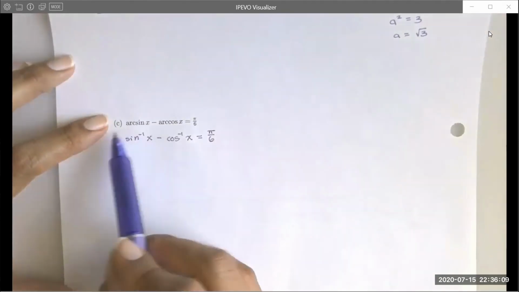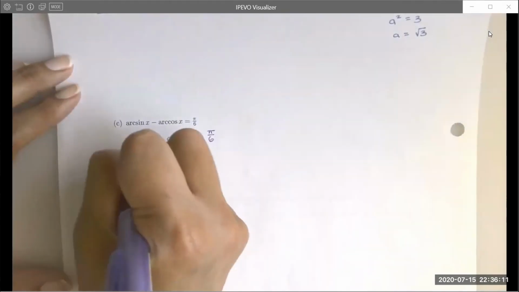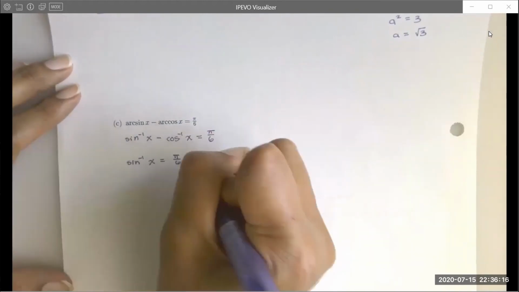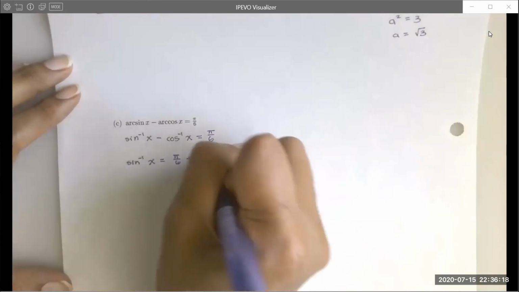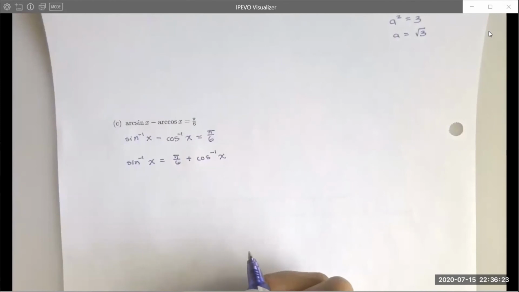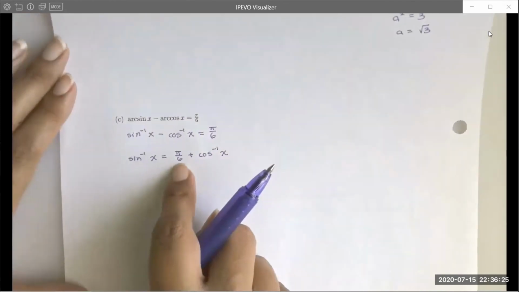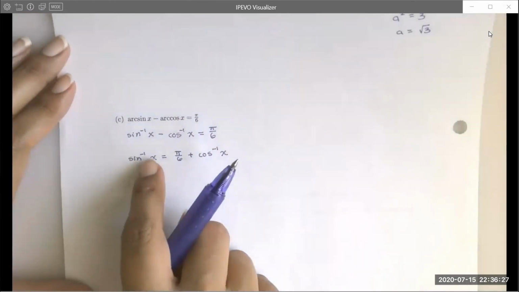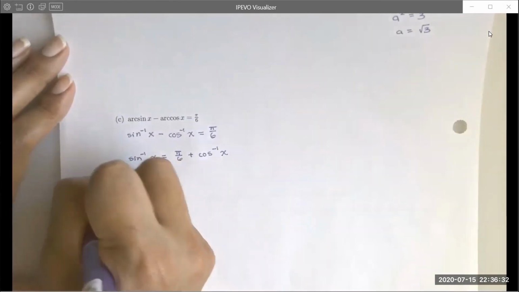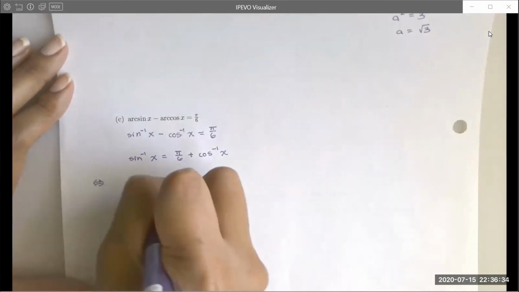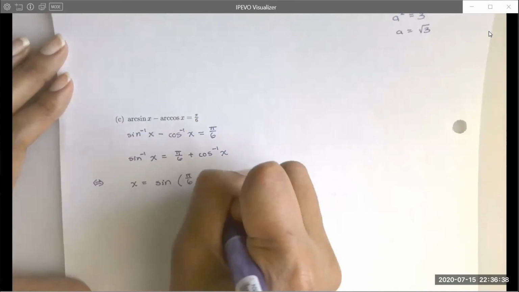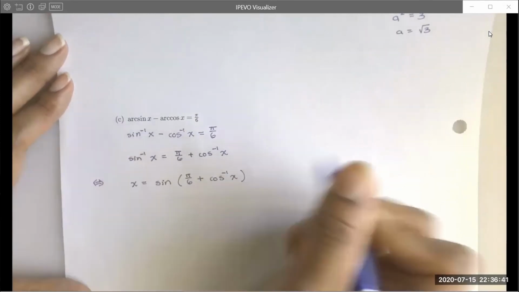I'll solve for the sine inverse of x, and that'll be pi over 6 plus cosine inverse of x. Then I'll try to solve for x by writing this as x is equal to sine of pi over 6 plus cosine inverse of x.